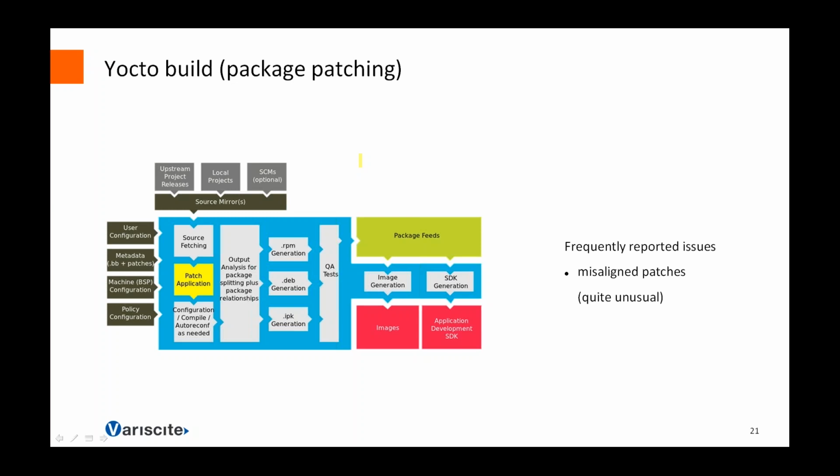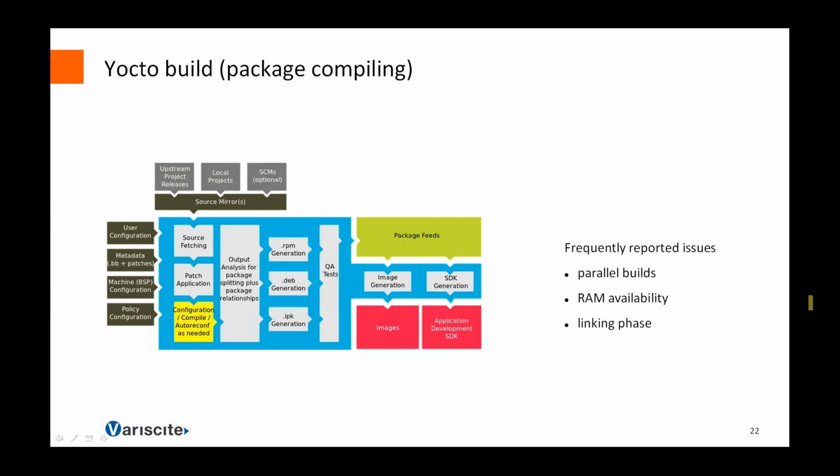Basically, you don't need to customize a patch or a recipe. But if you are going to do this, you need to take care that the patch is aligned with the specific version of the package that you're going to download. Following this phase, there is the configuration, compile and basically the building phase.